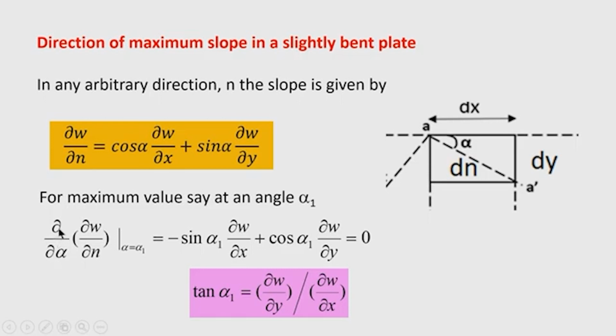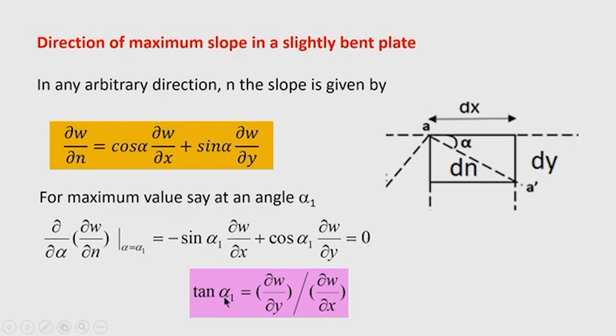So, we find the derivative of this ∂w/∂n at α equal to α1. So, this is written as minus sin α1 into ∂w/∂x plus cos α1 into ∂w/∂y, and it is equated to 0 for finding the maximum value.